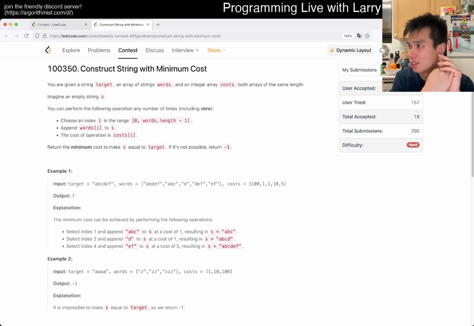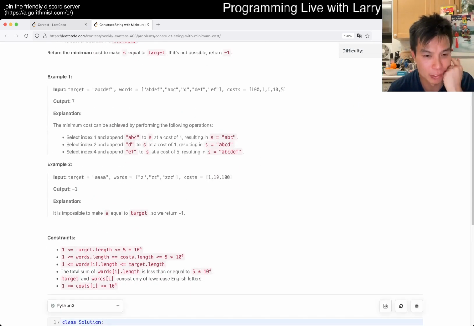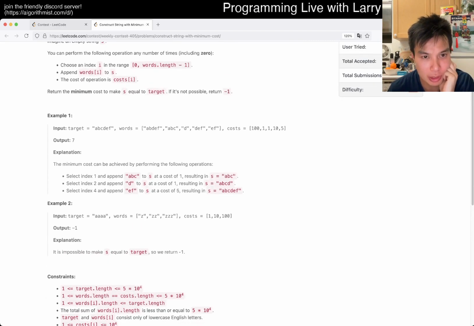Shortest path. Can I do shortest path? No, this is n square nodes, right? Or n square edges, maybe. Problem is you have to take a long time to construct it.